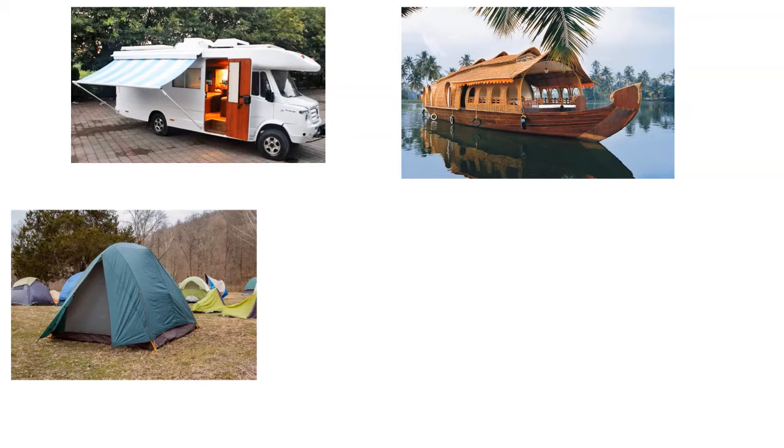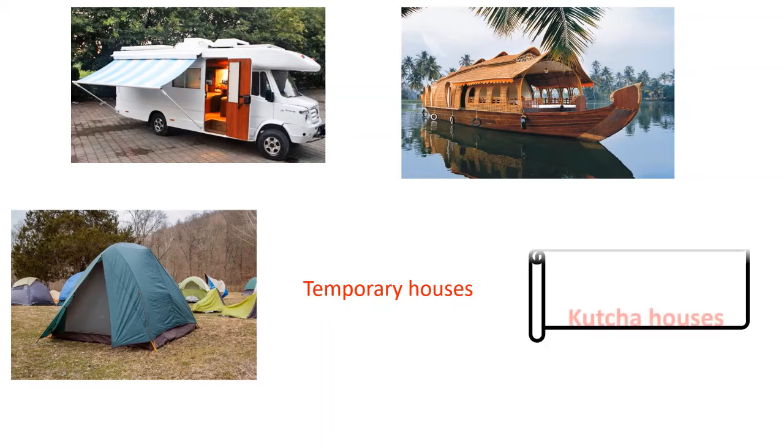In times of flood, storm, etc. Yes, so such houses are called as temporary houses, and temporary houses are something that is not permanent. It lasts only for a shorter time, and temporary houses is also known as kacha houses. Very good.